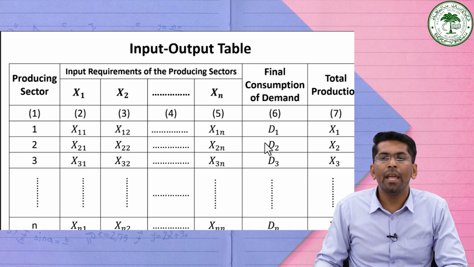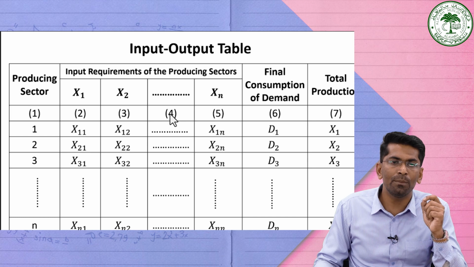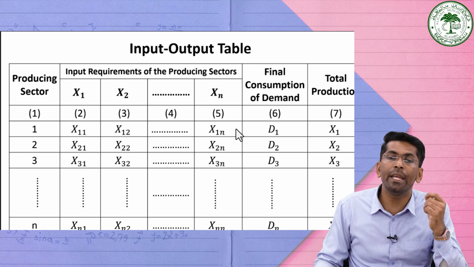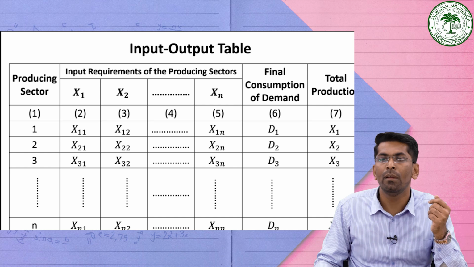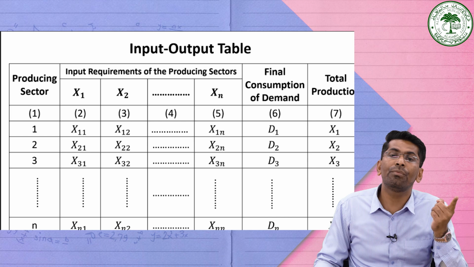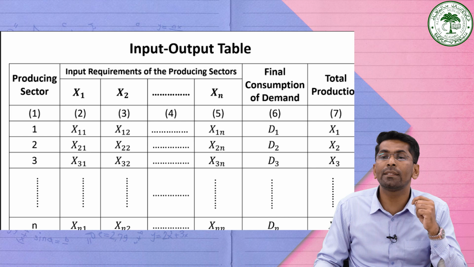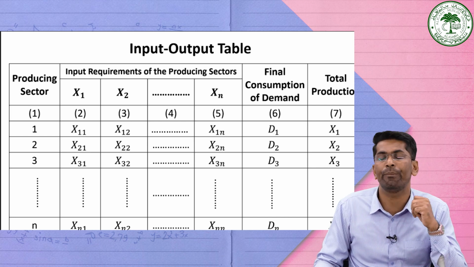Every row explains the output distribution of a particular sector, and every column is the input requirements, or the input used for production by that particular sector. So the input output analysis tells us the structure of inter-industry relationships in an economy, as well as how the output is disposed among each industry.